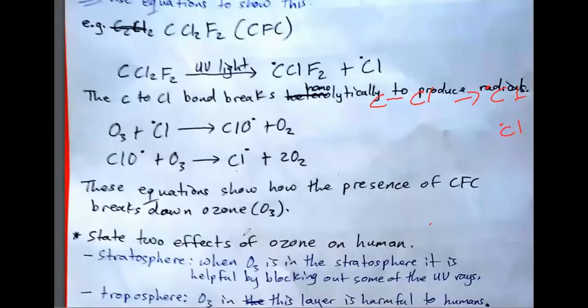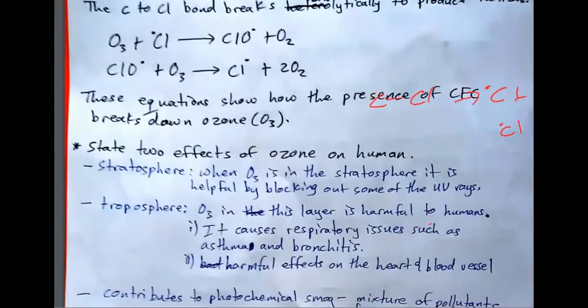All right. Next, you should know effects of ozone on human beings, and I stated two of them here. Ozone can have a positive impact and a negative impact. When it is in the stratosphere, it blocks the harmful ultraviolet light, so that's a positive impact.